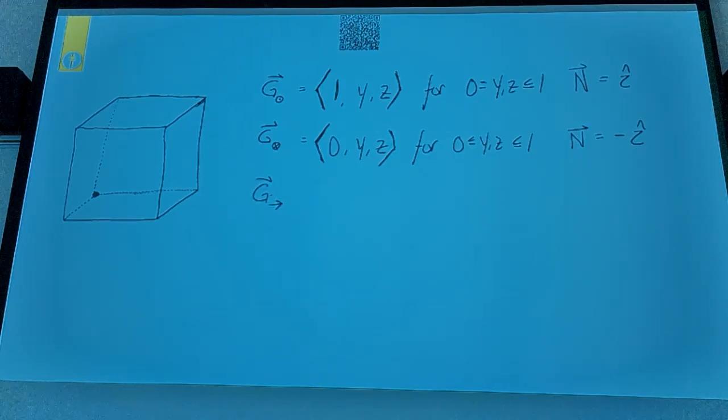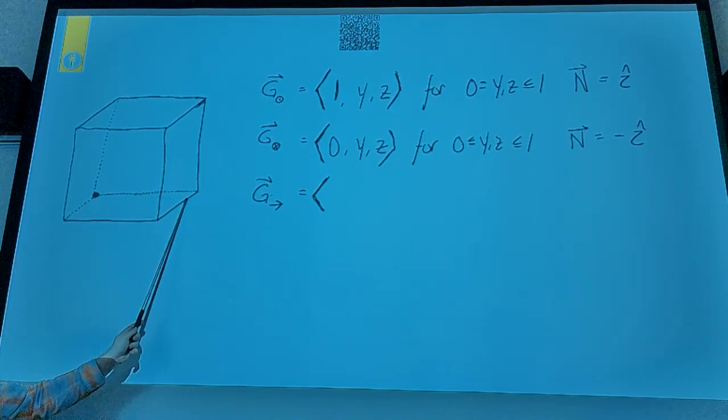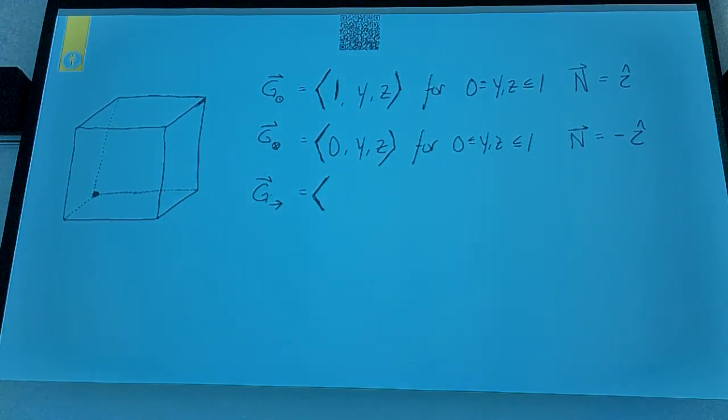Let's look at the right side. We're on the right side. So this part here, right? Which one's fixed? y. What is y? 1. What do x and z go from? 0 to 1.